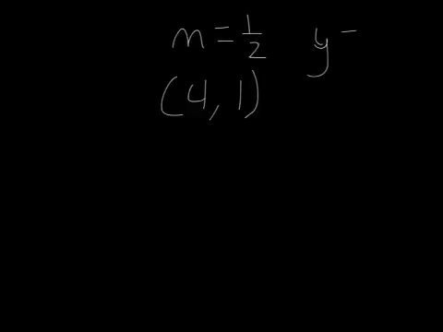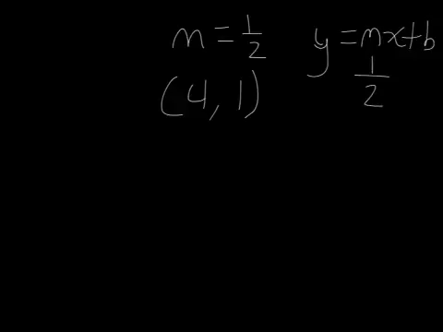Sometimes you may be given your slope, so let's say you have a slope of 1/2, and a point on your line. So let's say you're given the point 4, 1. Now, in this case, we know our slope, so we know that for our y equal mx plus b equation, our slope is 1/2.